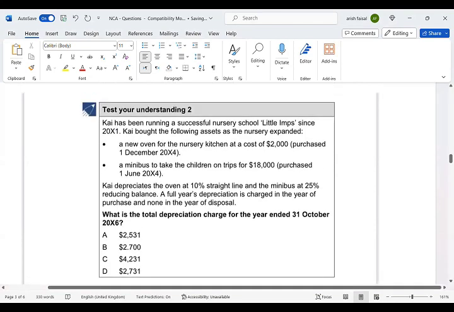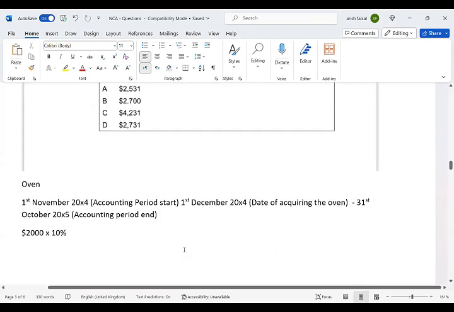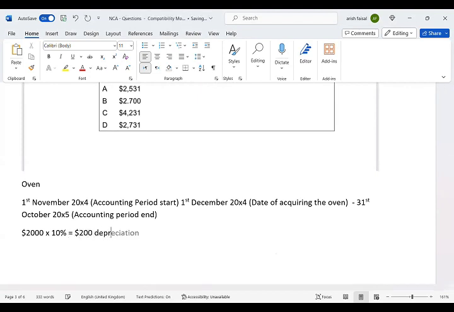When it says straight line, it means you charge the same each year. So 2,000 multiplied by 10%, you get 200 depreciation for 1 year, or per annum. So for the next year also, which is your year ended 31st October 2016, the depreciation you have to charge on the oven will also be 200.